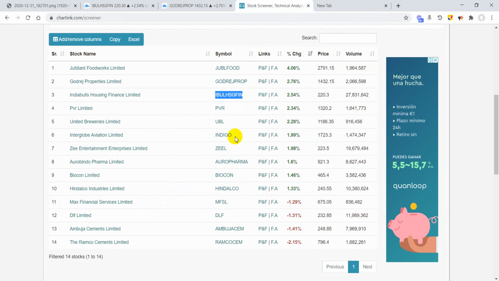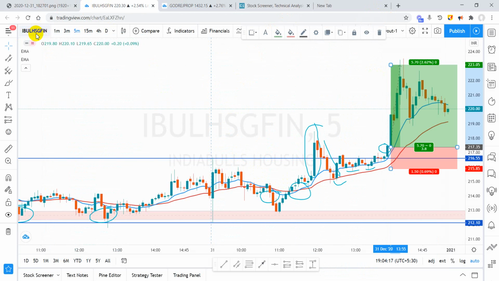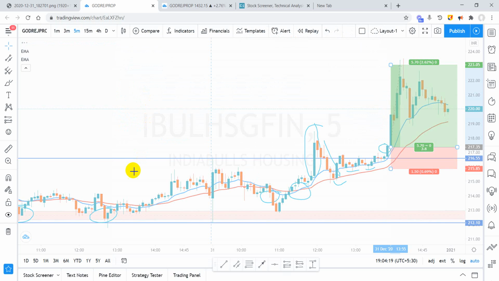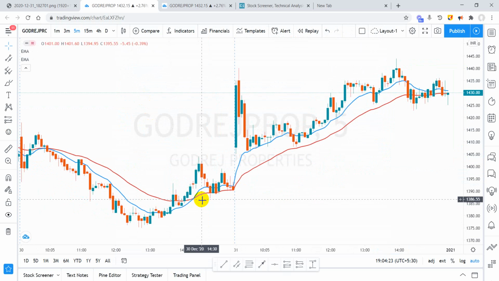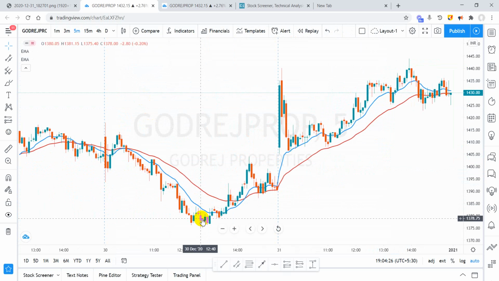Let's go back and check for another example. So Godrej Properties, I'm going to check once again. And let's see what has happened with Godrej Properties. So if you see over here, this is slightly different in terms of price action, and some rules will remain the same. So let's make sure where the support or resistances are for Godrej Properties.